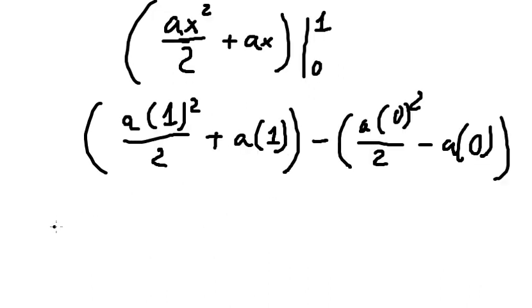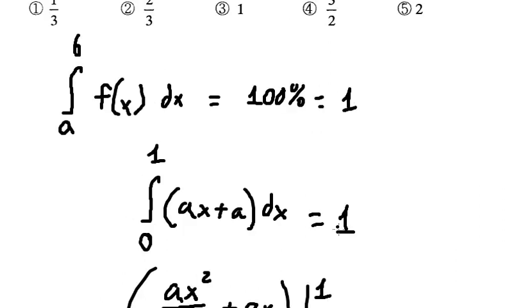If we simplify it, we have a over 2 plus a, which is 3a over 2, and we know that this equals 1.